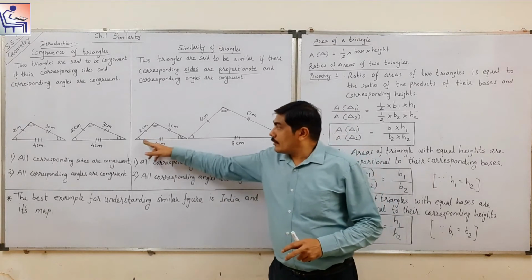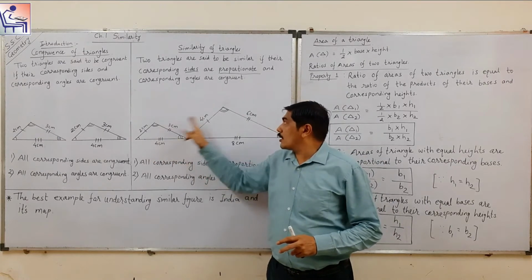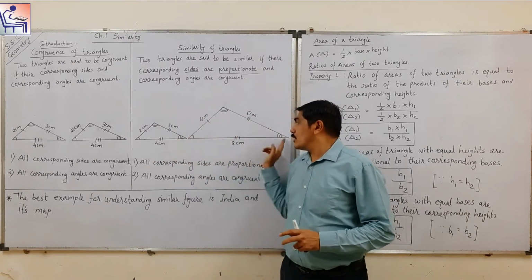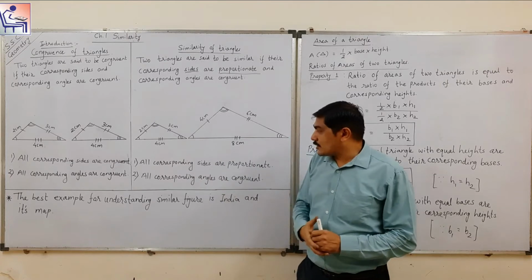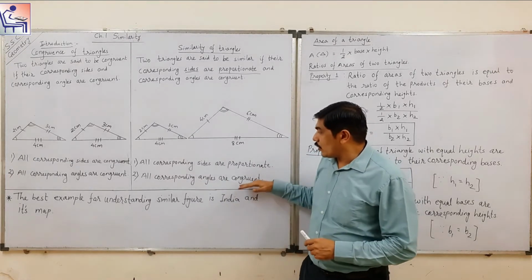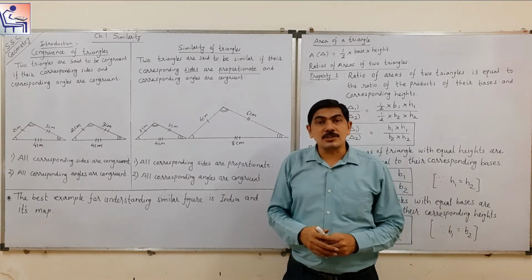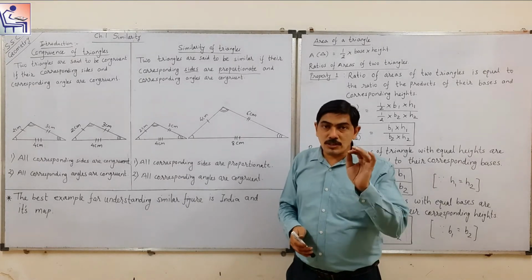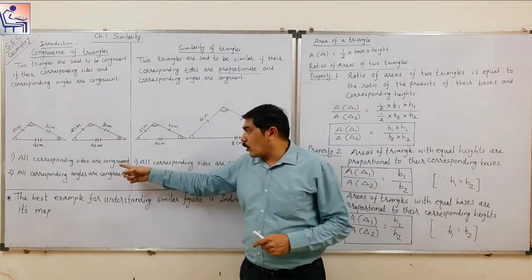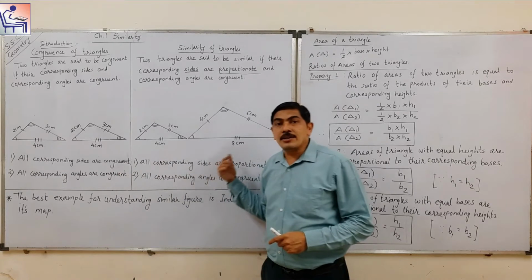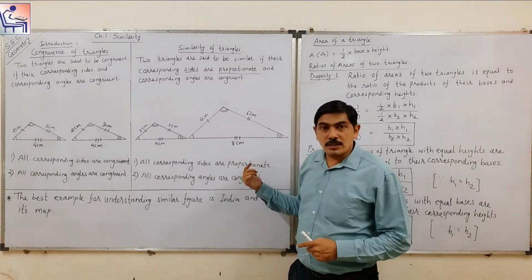So even though these angles are congruent, here all corresponding sides are proportionate and all corresponding angles are congruent. So what is the basic difference between congruence of triangle and similarity of triangles?